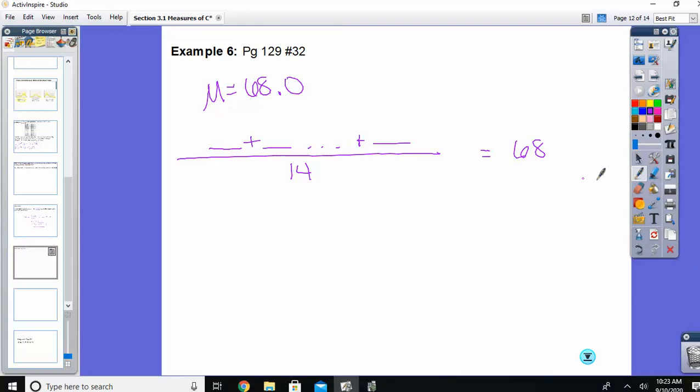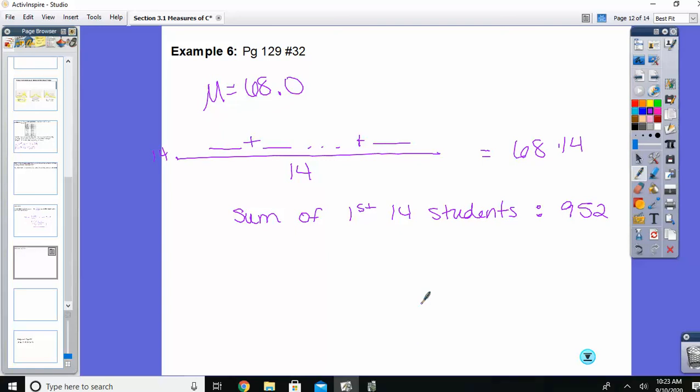Yeah. What would you do? Multiply your 14 over. So 68 times 14. So that means the sum of the first 14 students was 952. We just multiply over that 14.